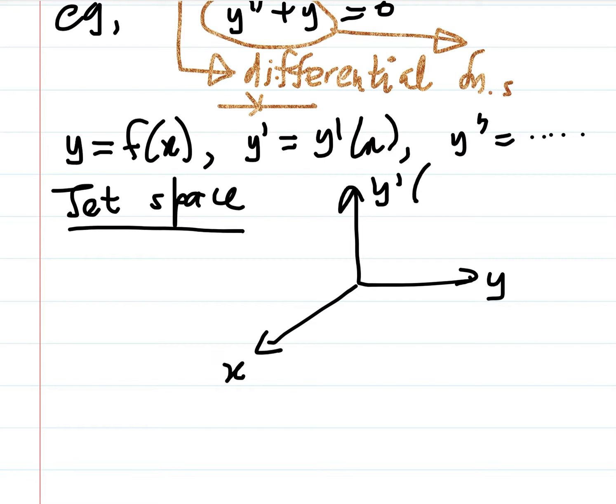If you want to think of that as p, then of course there's another axis there represented by y double dash. You may want to call that q.